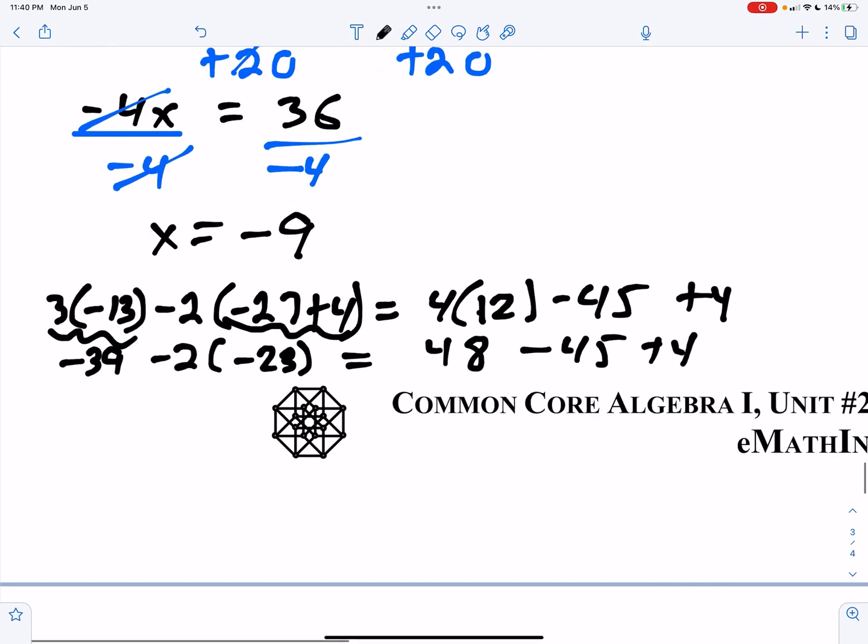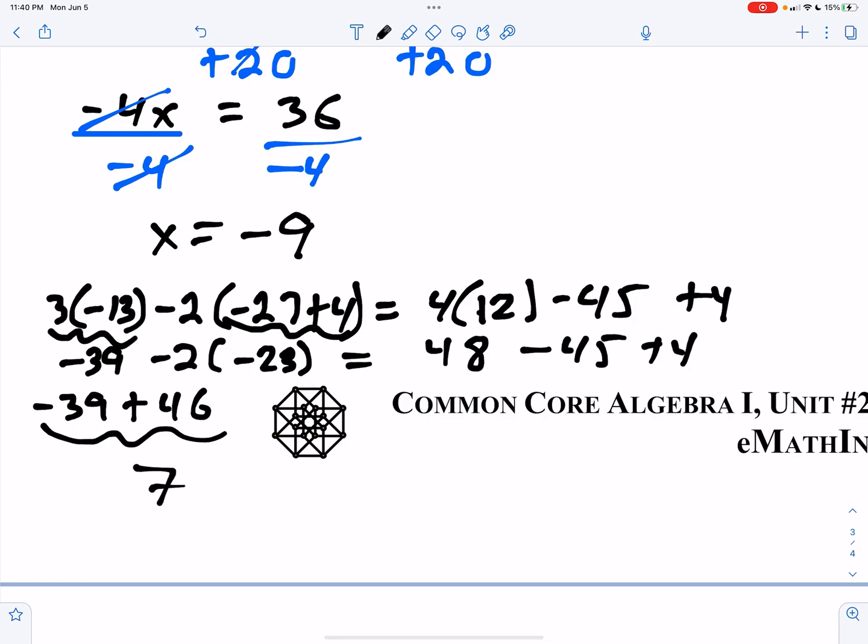Okay, so over here, 2 times 23 would be 46. But negative times the negative would be a positive, so this is -39 plus 46, which turns out to be 7.